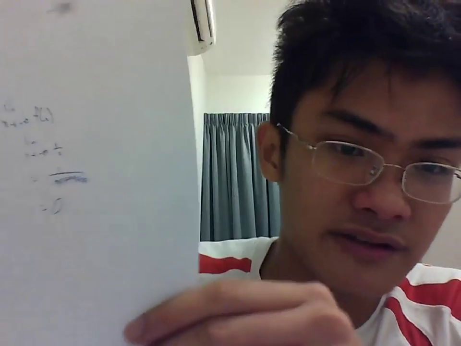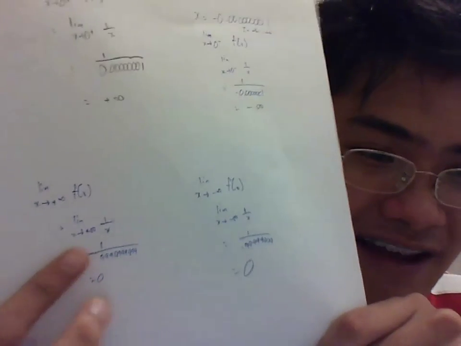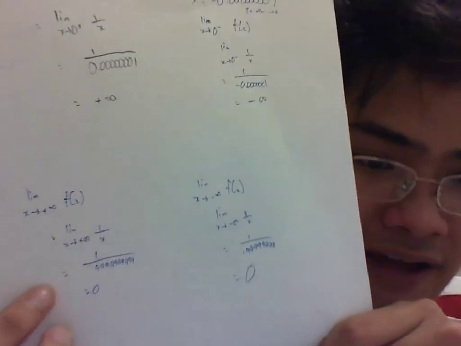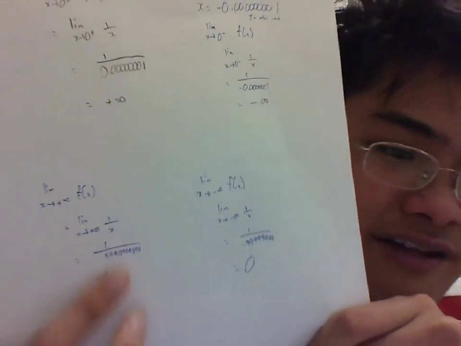And so the same thing applies. We use limits to find what our y values are at the horizontal asymptotes. For example, here we have the same thing. The limit as x approaches positive infinity of 1 over x, which is 1 over 999999999, equals 0, right? Because if we take 1 over a very, very big number, which happens to be x, we're going to get a very small number. Same thing for the negative side. 1 over negative infinity equals 0, right?